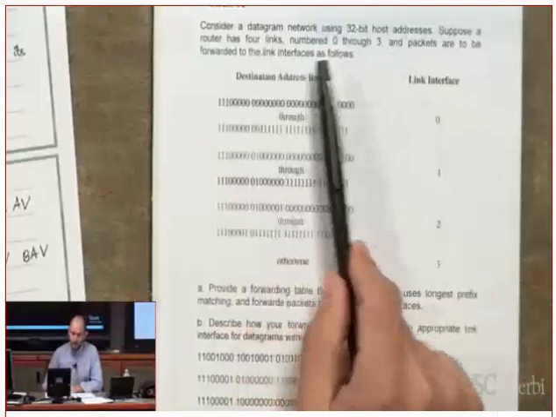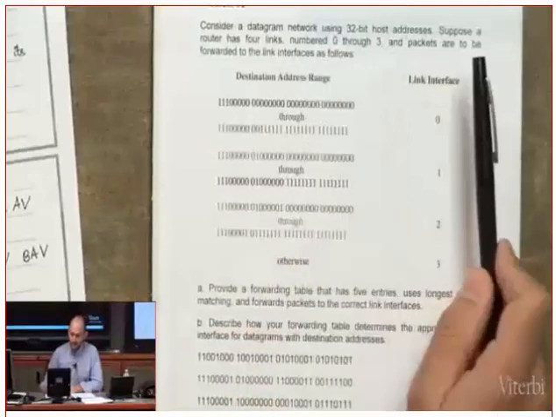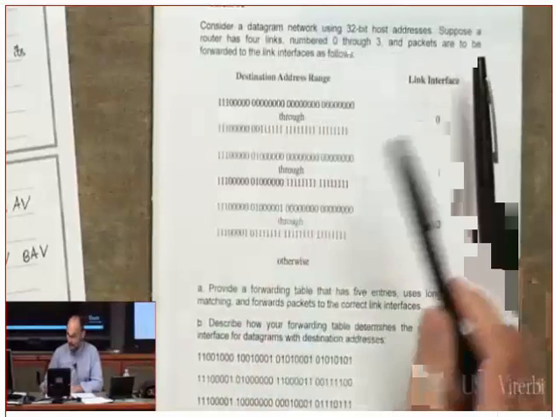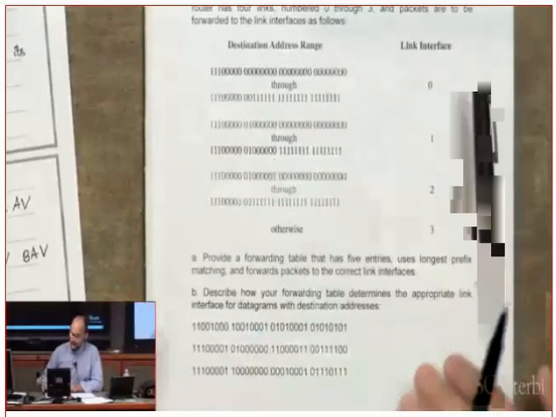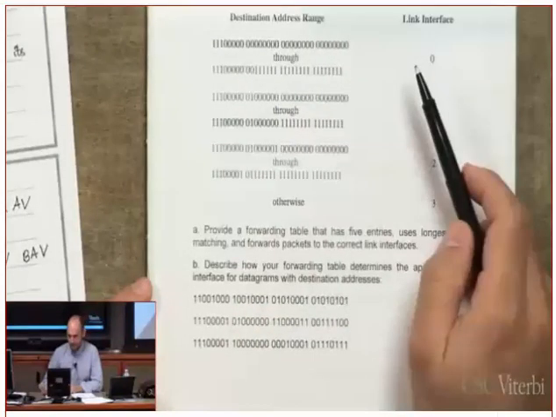Why? How many would we need minimum? It seems like we can't express one range using just a direct mapping between what we have and the link interface. So let's analyze one of those ranges.